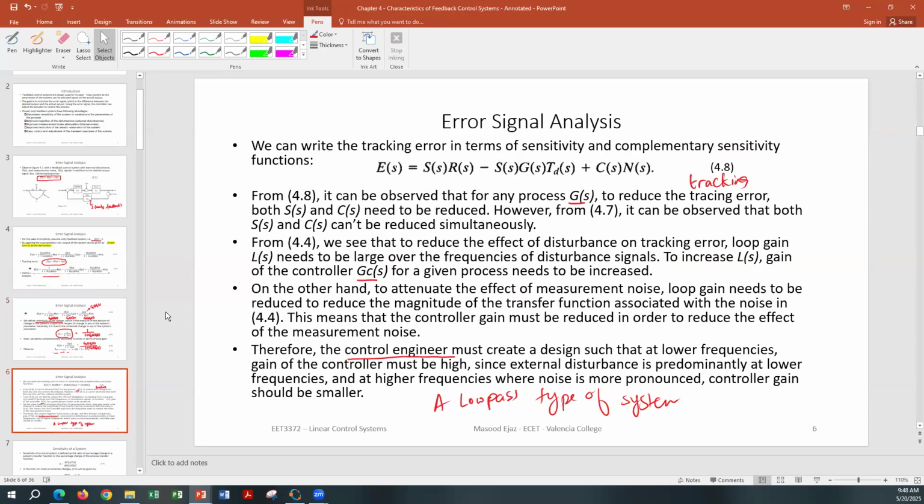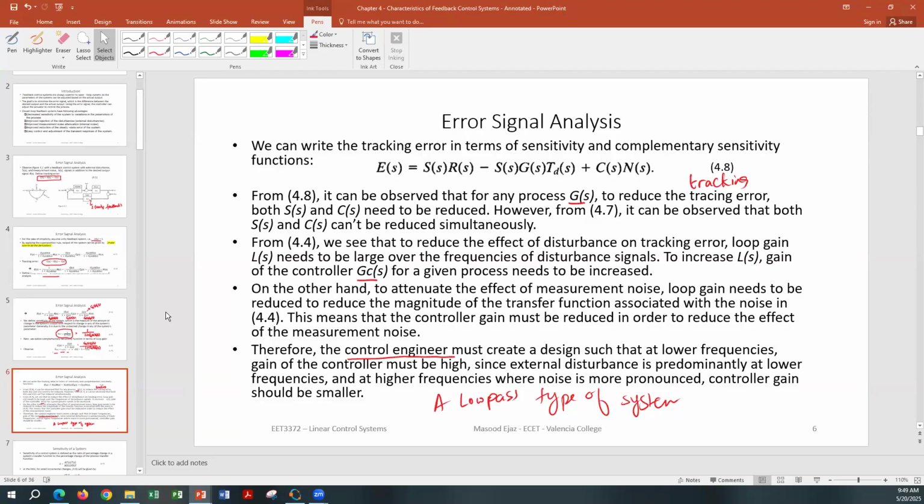Then we moved on to discuss what we should change in order to reduce the effect of the disturbance signal and the noise signal on the error. From our discussion, to reduce the effect of disturbance on the tracking error, our loop gain needs to be large over the frequencies of disturbance, which are the lower band of frequencies.